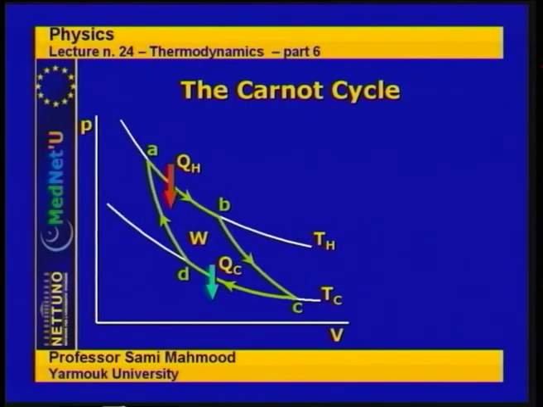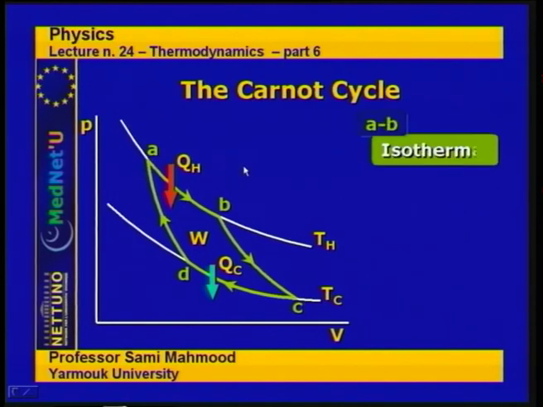Let's look at the cycle that we just mentioned for the working substance in the Carnot engine. The cycle in a Carnot ideal engine, it's the same, Carnot engine or an ideal engine, consists of 4 strokes. Each cycle consists of 4 strokes. The first stroke is an isothermal stroke, which is the stroke through the path AB.